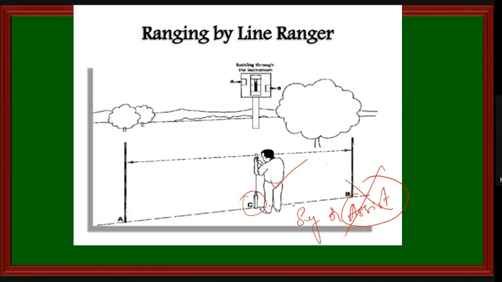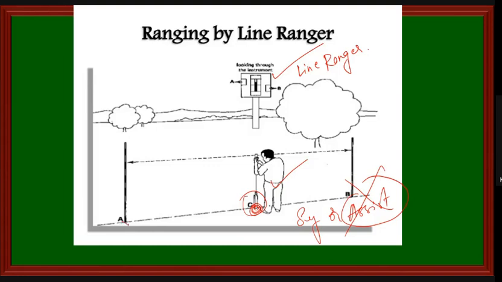Then how will you fix it? Sir, I will use the instrument called the line ranger. With the help of this line ranger, I will fix the intermediate point called C. Then how to use this one, sir? We don't know how to use this line ranger.